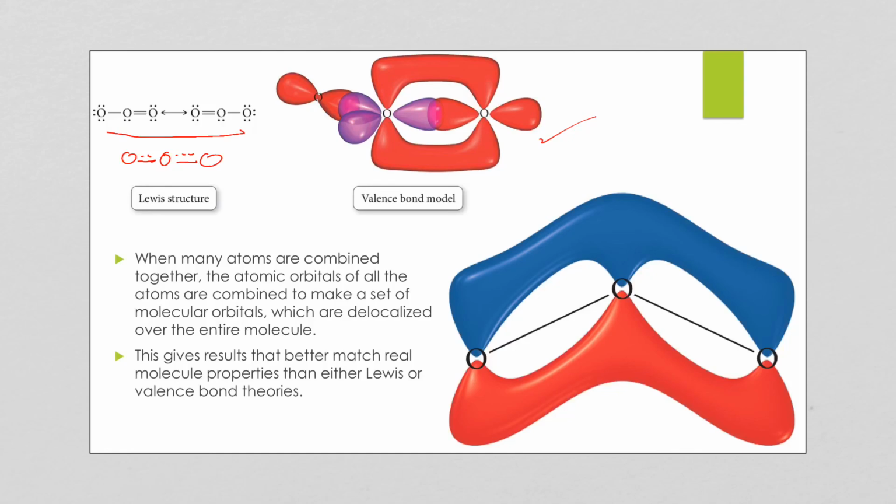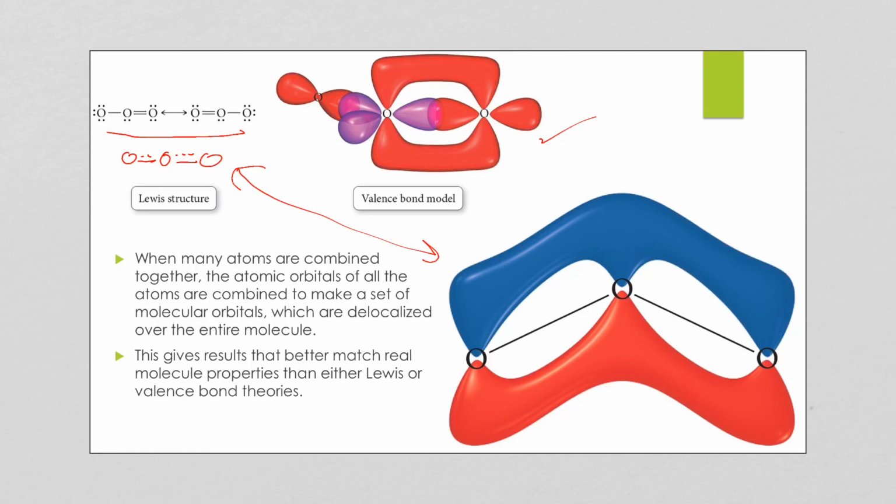And so when you have many atoms combined, the atomic orbitals of all those atoms are combined to make a set of molecular orbitals, which are spread out or delocalized over the entire molecule. And of course, this gives results that match up more with what we know is the truth. So this molecular orbital is much closer to what we would imagine as the hybrid.